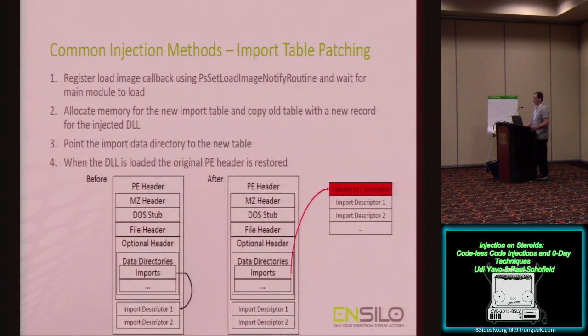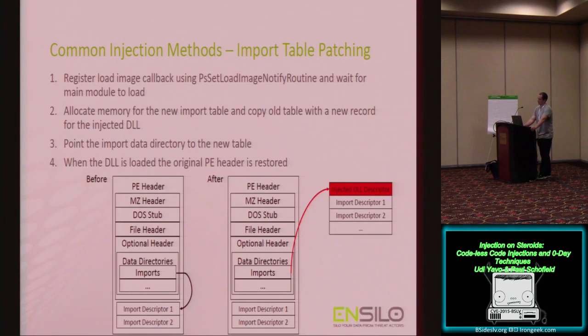So this is the way it works. First, you wait on the image notify routine like the other two methods, allocate a new import table for the executable, and copy the old import table with a small modification. Just add the DLL you want to inject as the first entry of the new import table, then redirect the import table of the original image to the new one.